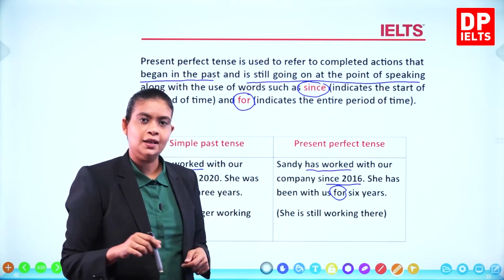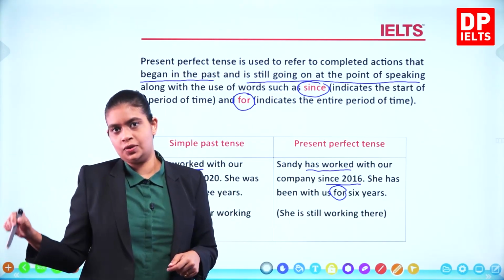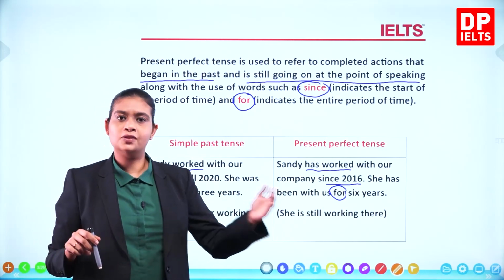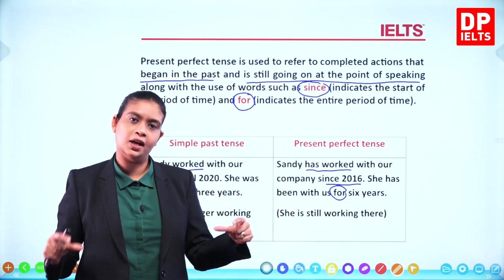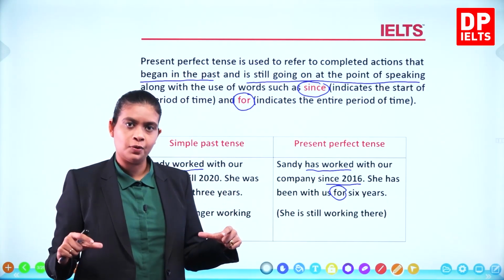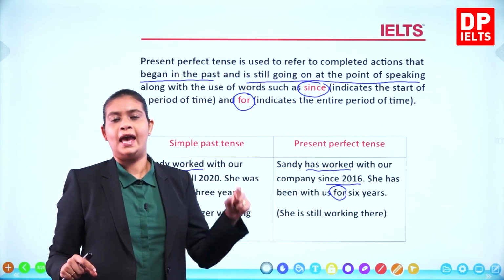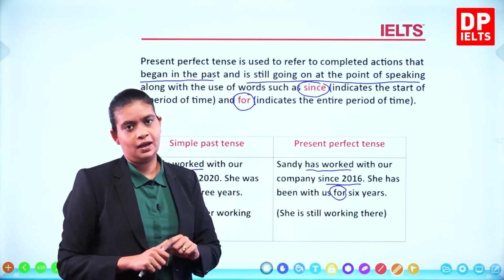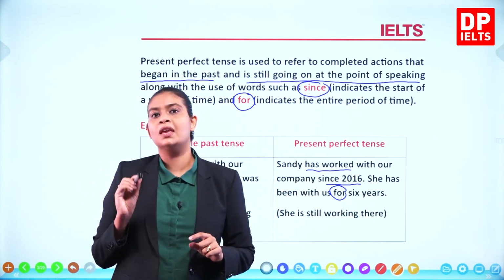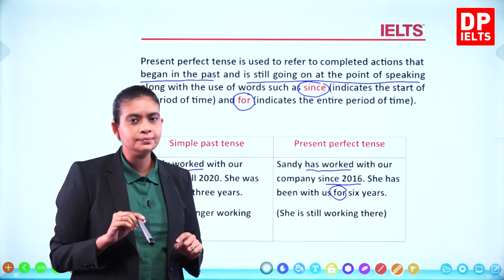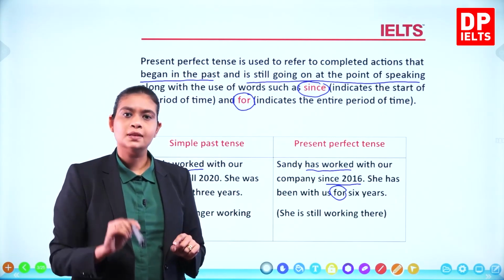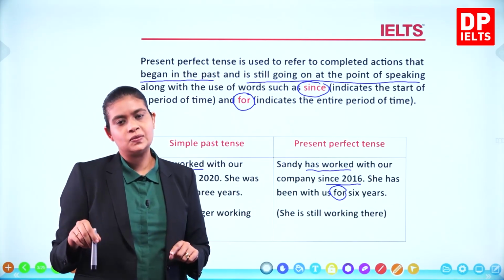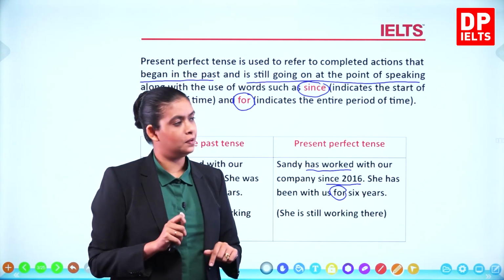So basically, Sandy started working in 2016 and as of now, she has worked with us for a total of 6 years and she is currently working as well. So that is the main difference between the simple past as well as the present perfect.